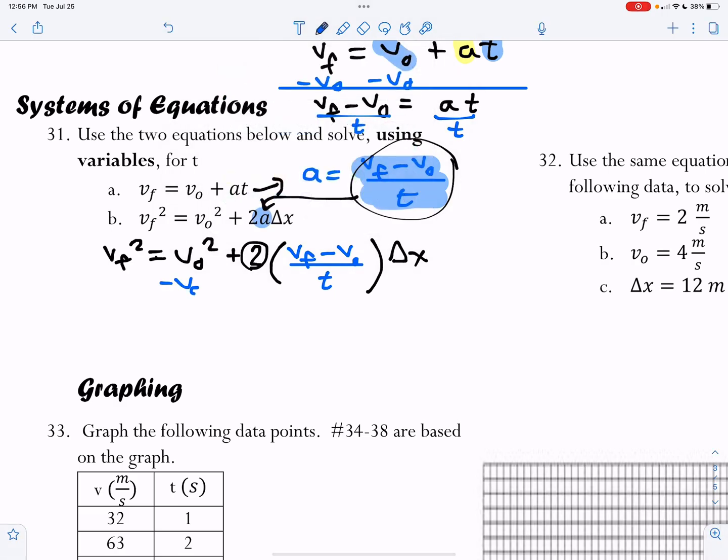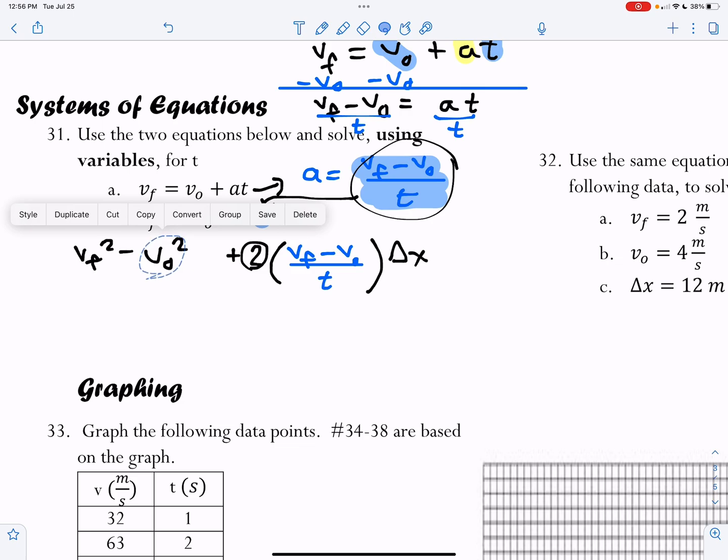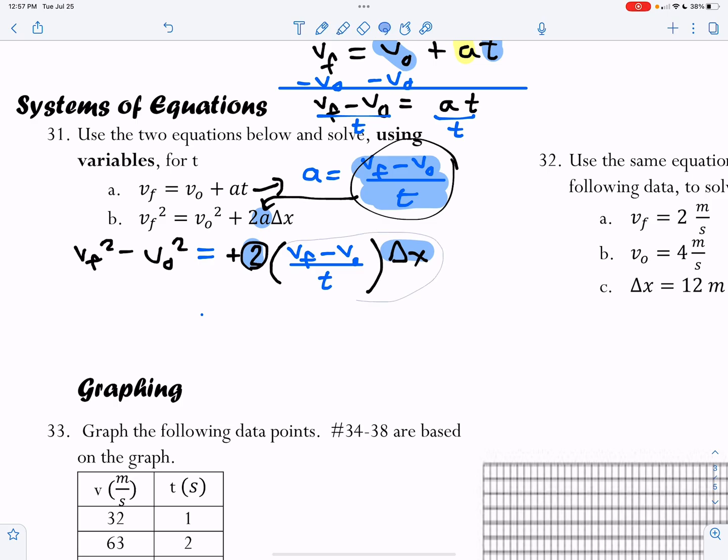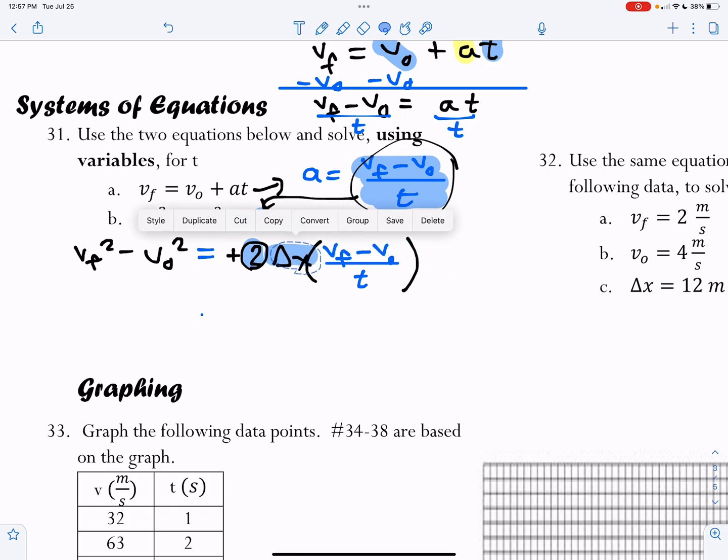If I do, I get V final squared minus V initial squared equals 2 times A times X. Now I'm just going to rewrite these by putting the 2 times delta X together. Let me just move this over, and move that over there, just like that.